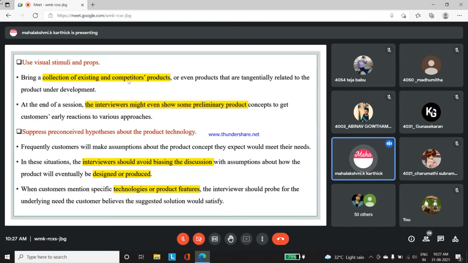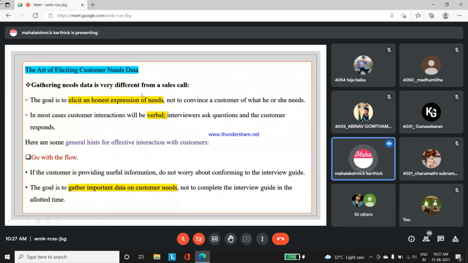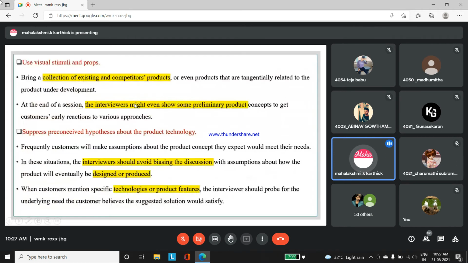You can compare with that existing product and explain, even using its features and details. But that only you have to follow: first of all, you should be honest in expressing the needs. Whatever specification you are mentioning for your product to the customer, everything should be in honest expressions. We should never claim anything additional that does not exist. Then our product will be in trouble, our company's name will be in trouble. So you have to keep those things in mind.